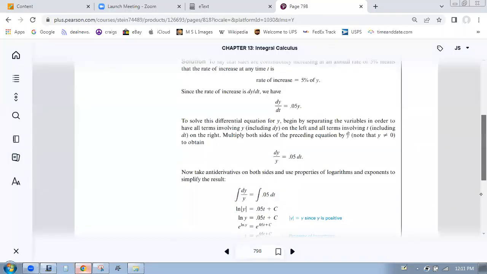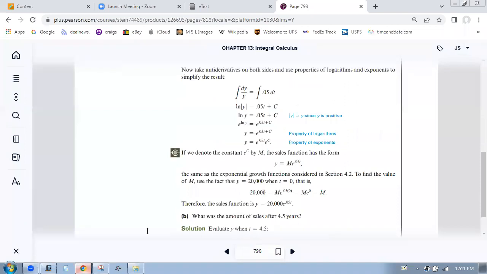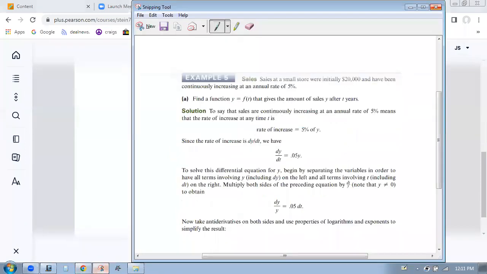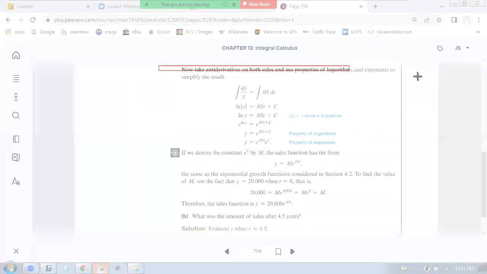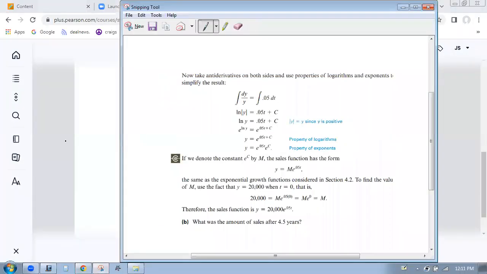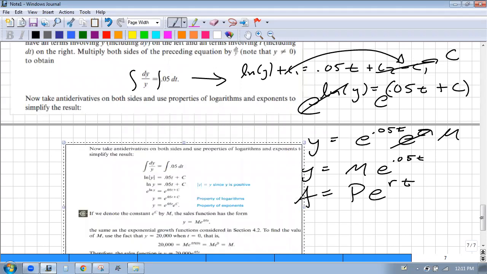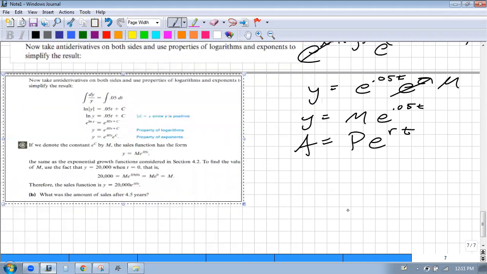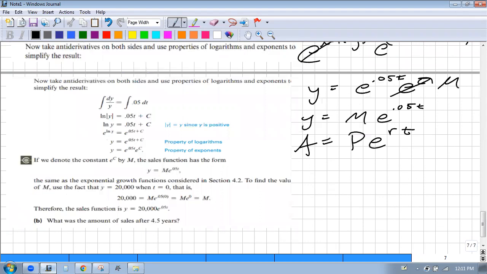So here's their version here, writing it all out nicely. Make this a little bigger. So yeah, you get the natural log. They throw an absolute value in there, but we're not thinking about negative values of y.